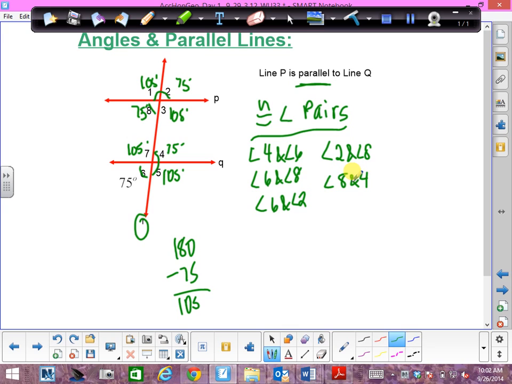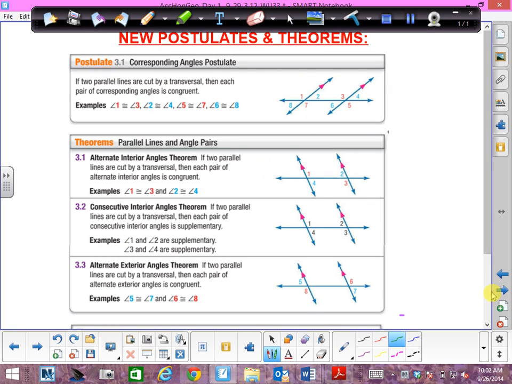Do we leave any off? 4 and 8, I think that might be all of them. And then we know that the angles that are supplementary are all of the ones that form linear pairs. There are a lot of pairs that are supplementary, so make sure you recognize those relationships between those angles.